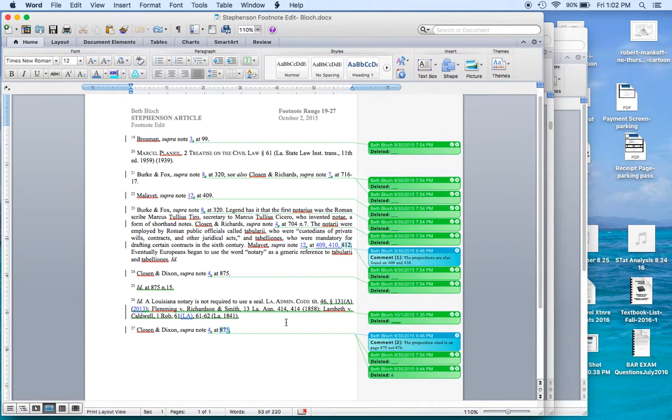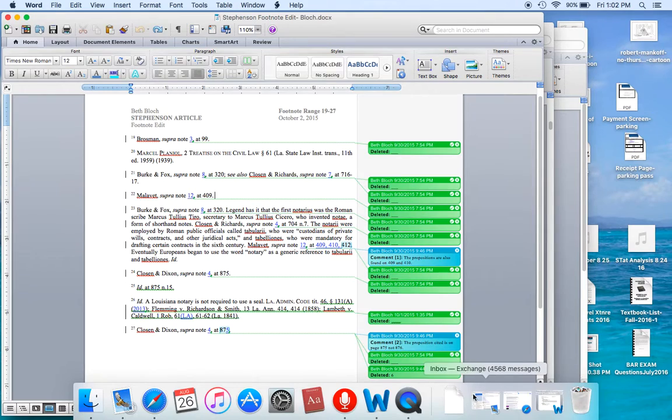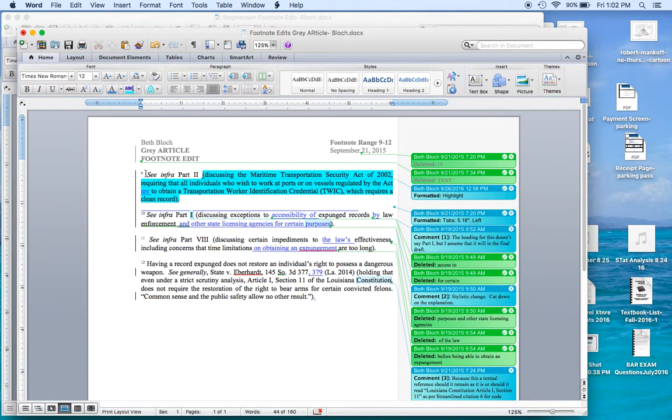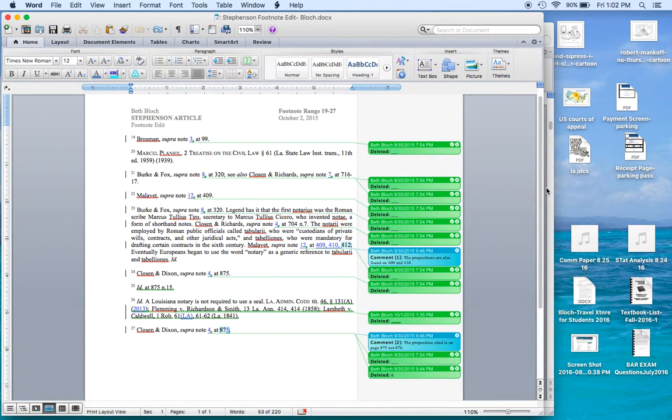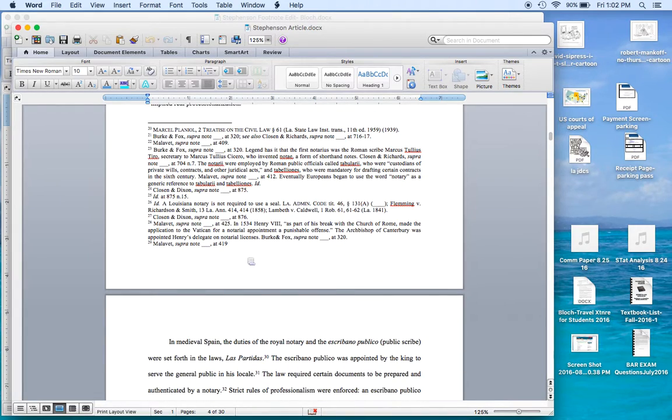As you can see, I made some changes to a number. She said at 27 that was supposed to be at, let's see, I'll get rid of Gray's article as we go along. I don't need to save that. Back to the original. So at 27, she was saying it was at 490 or at 876.